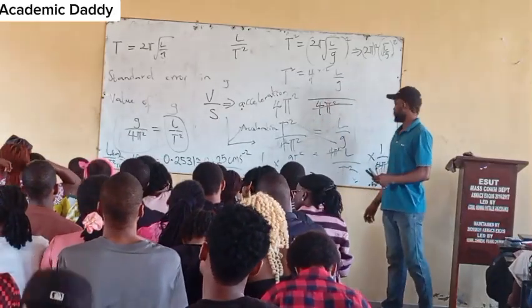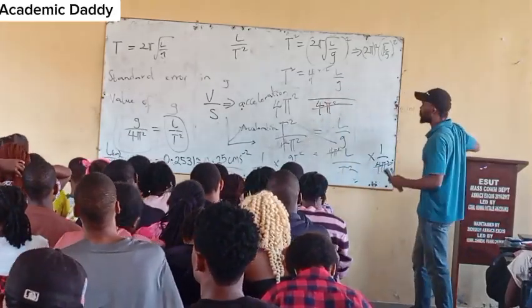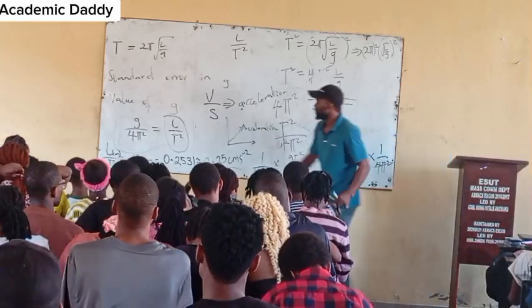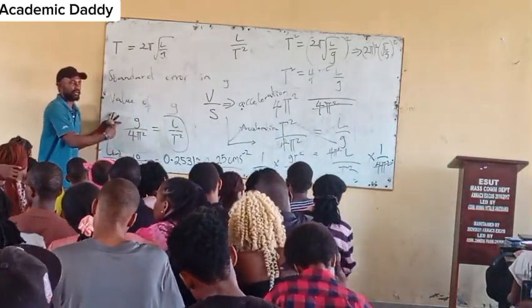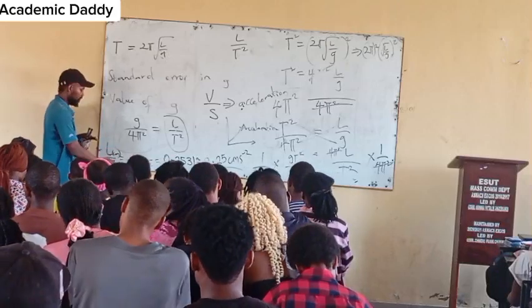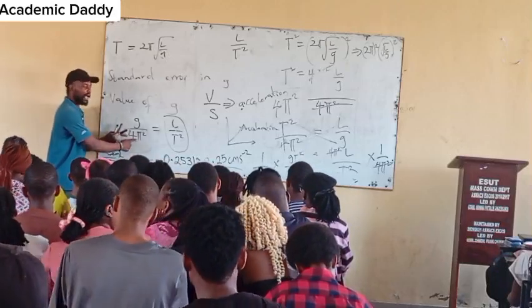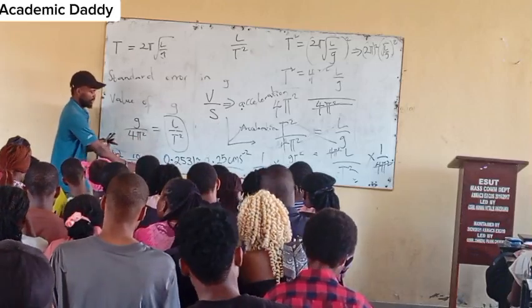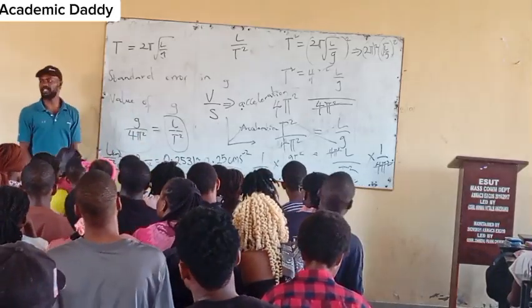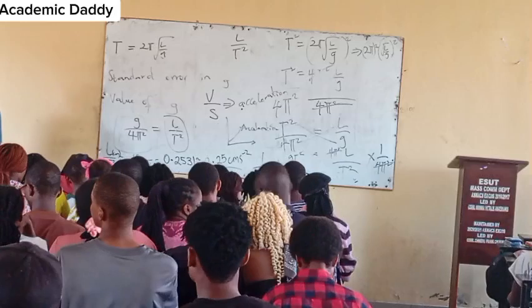Very simple. So 10 is a constant, G is 9.8, another person can use 10, we use 10, then 4 times 22 over 7, then the pi is squared, so you get your answer. Very simple.